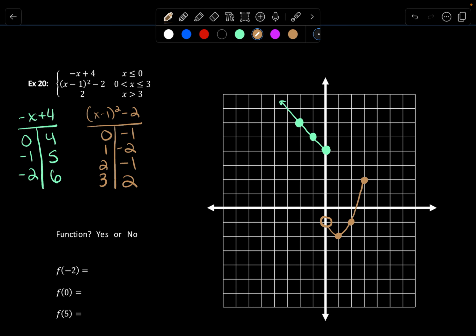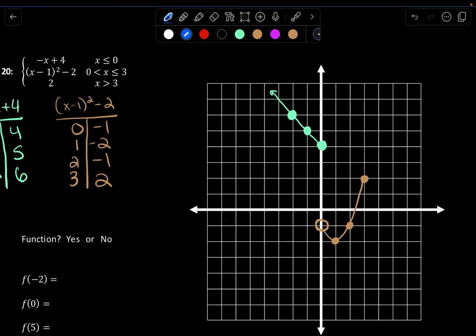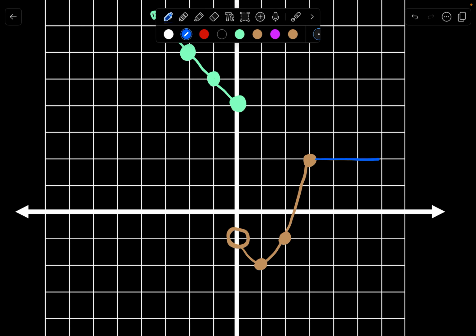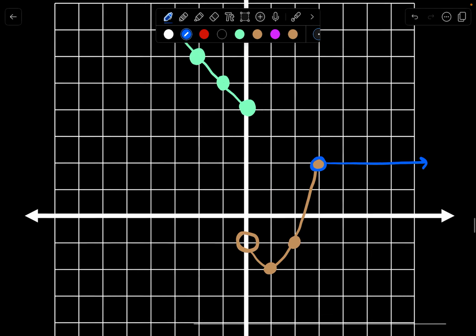Okay. And then the last one, it says 2 for when x is greater than 3. So for 2, that means every single value that is greater than 3 for x is going to be 2. And it's non-inclusive, so I'm going to show that by drawing a circle around that.